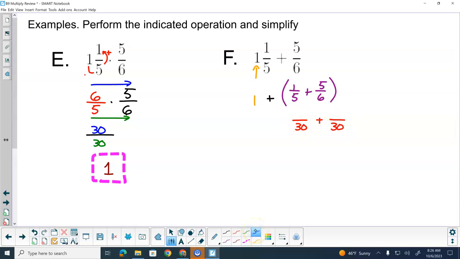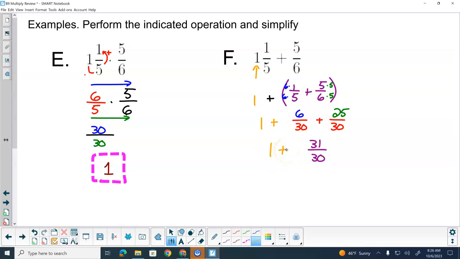Multiply the first one by 6, which means I multiply the top by 6, so that becomes 6. Multiply the right one by 5, which means we multiply the top by 5. 5 times 5 is 25. Add those two together, and I get what? 31 over 30.